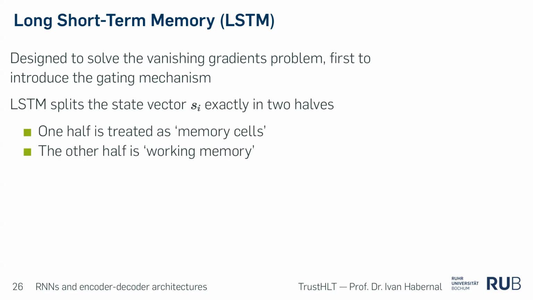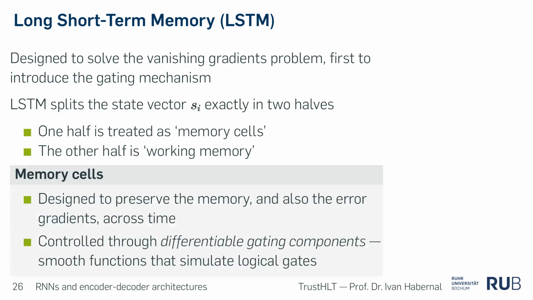It takes the state vector and splits it into 2 halves. One half is treated as memory cells, and the other half is working memory. These are working terms. I don't think we really need to know the LSTM architecture because it's kind of complicated, and if you need to implement it, you just look it up. But it's an interesting approach. The memory cells are designed to preserve the memory across time, and there are these differentiable gating components.